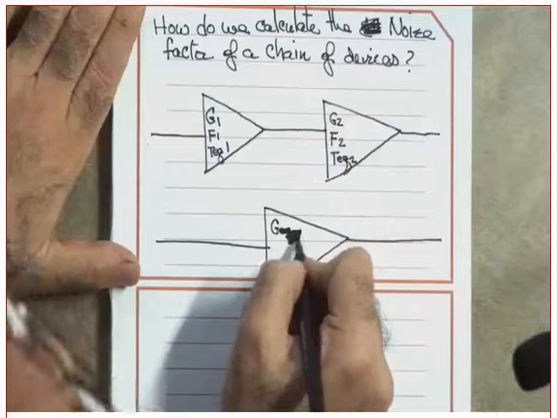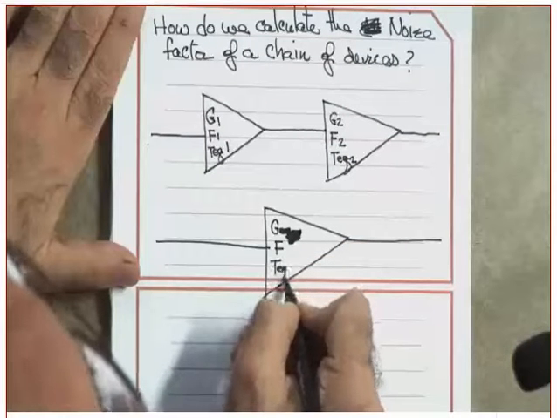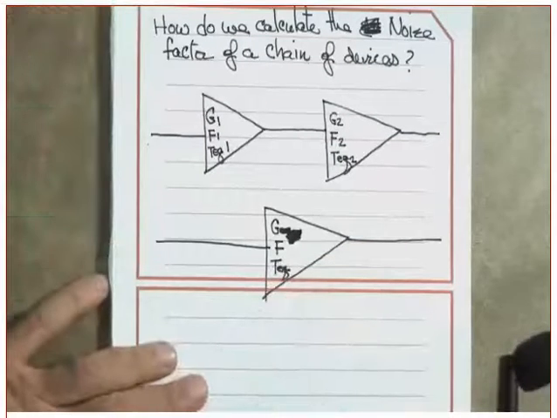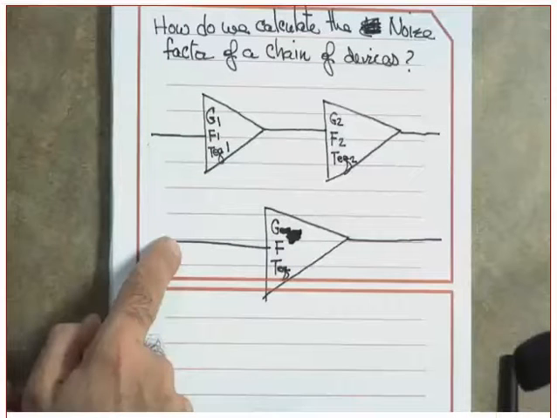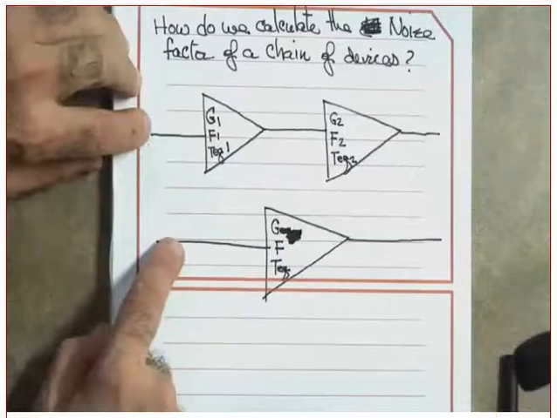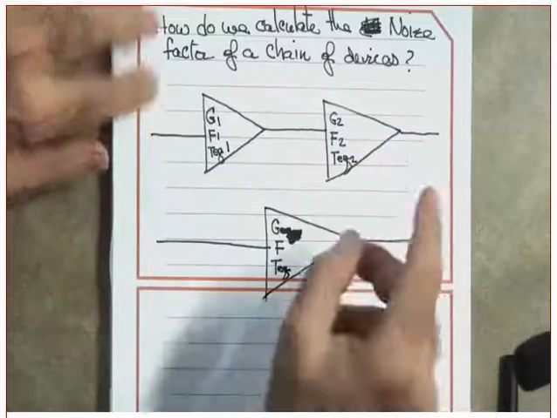I don't want to put any subscript. Did you get this or not? What is the input noise power here? Is it the same as this one? Is the output noise power the same as this one? Yes, it is.